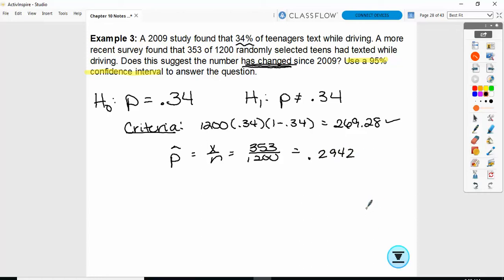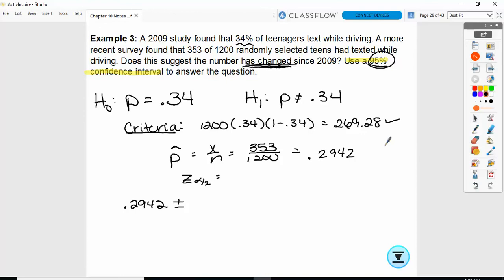All right, if you look at your formula sheet, our confidence interval was p-hat, which is 0.2942, plus and minus, we need a z alpha over 2. Right, so if I want to find this, we want a 95% confidence interval, right?